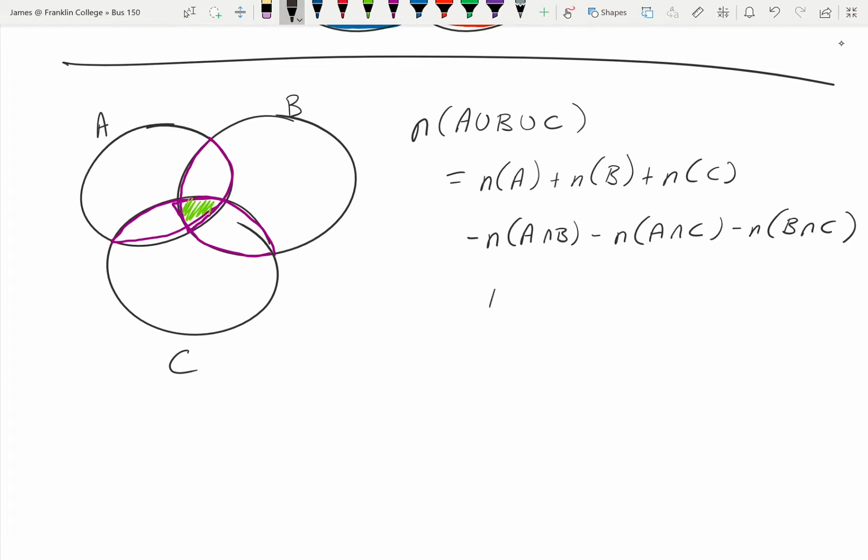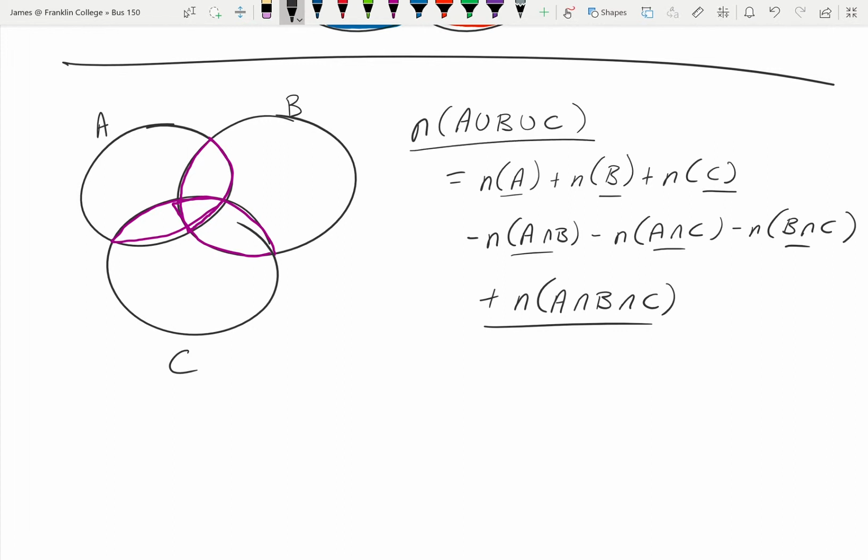So then finally we have to add the number that's in A intersect B intersect C. The reason why we're adding that back in is because by doing the number of A plus the number of B plus the number of C, subtract the number that's in the intersections of pairs, we have counted this region 3 times, we have subtracted this region 3 times, and because we want to count it 1 time, we add it back in. So that's how we can figure out the number that's in a union of 3.